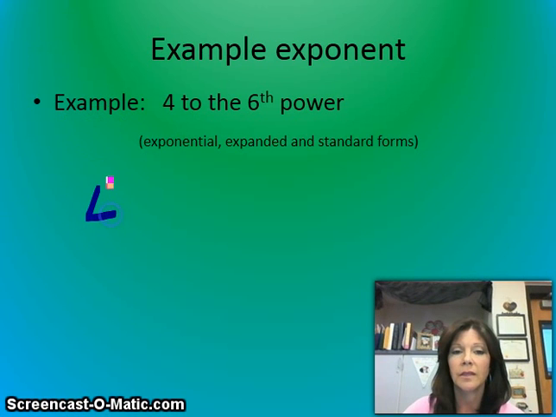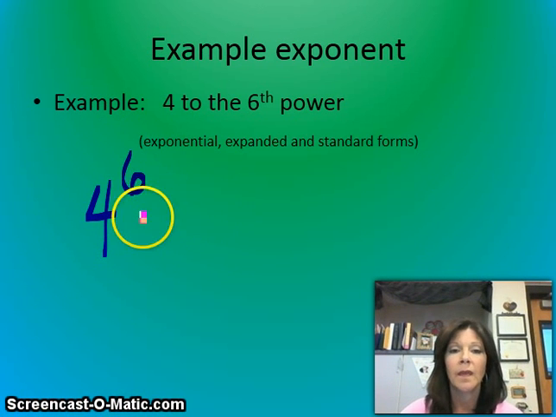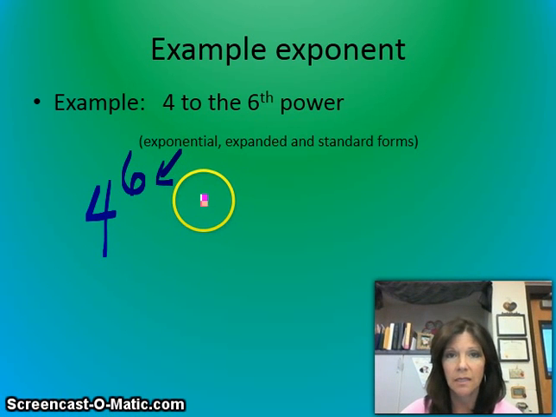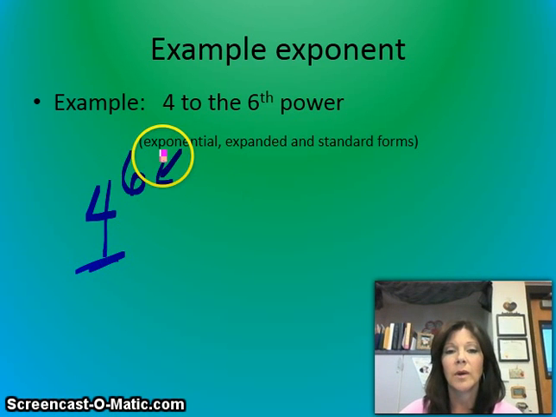It is written this way, 4 to the 6th power. The 6 at the top right is your exponent. This is your base, this is your exponent. So this right here is exponential form.